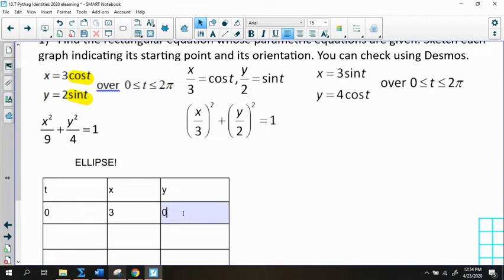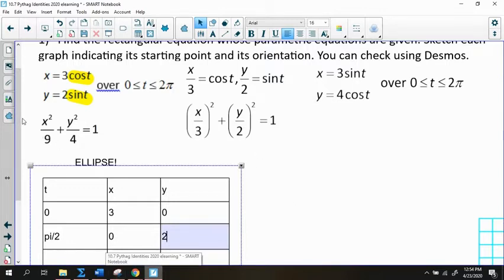My first point is (3, 0). Then I'm going to put another value in to figure out the direction. If I do pi over 2, cosine of pi over 2 is 0, so x is 0, and sine of pi over 2 is 1, so y is 2. So you're starting at (3, 0) and going counterclockwise up to the point (0, 2).